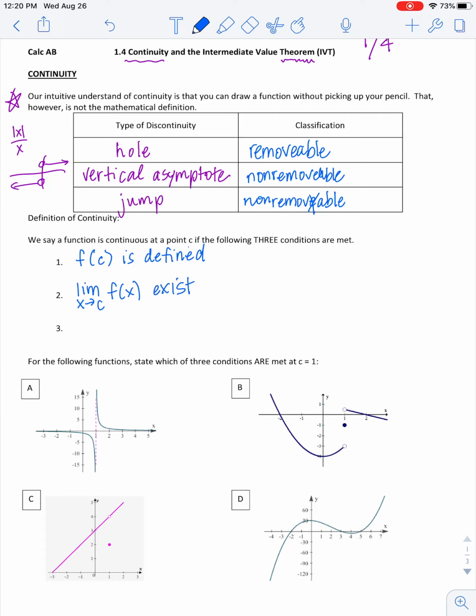So the limit has to exist there. And then lastly, this is kind of where the definition gets wrapped up with a nice little bow, is that the function's definition in part 1 has to equal the limit that exists in part 2.